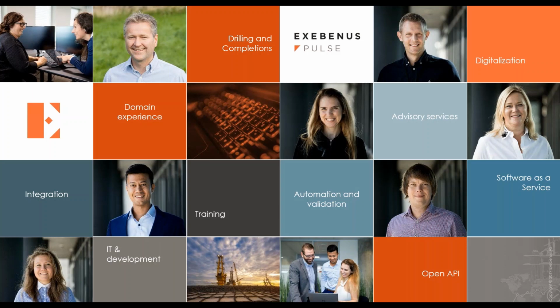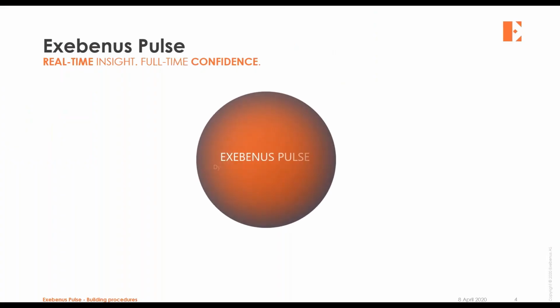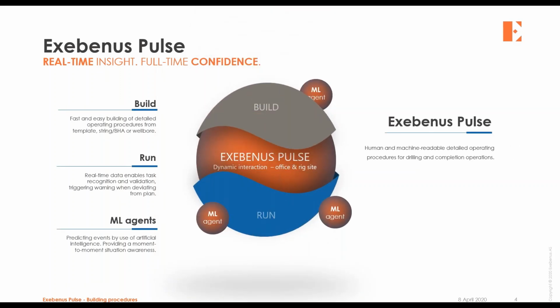So let me show you a little bit about Exebenus Pulse and the application itself. The application consists of the build and the run module. The build module is where you build the procedure and where you connect it to the string or to the wellbore. The run module is where you connect the procedure to WITSML or to real-time data so that you can track and validate execution of the procedure and warn if you're not following the plan.